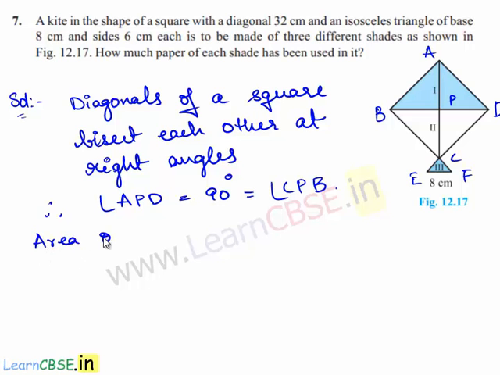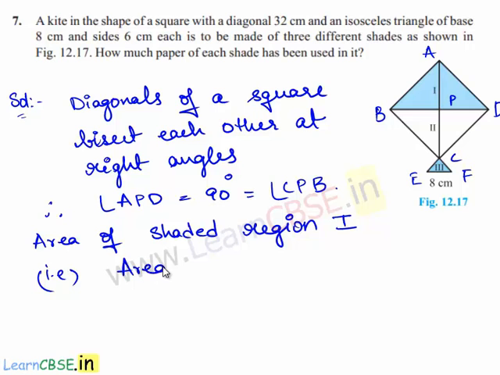So now we shall consider area of shaded region 1, that is area of triangle ABD.